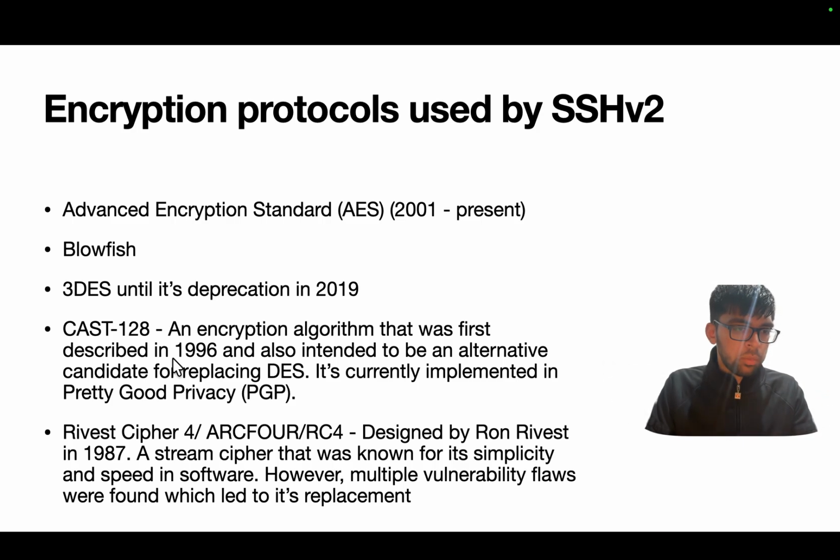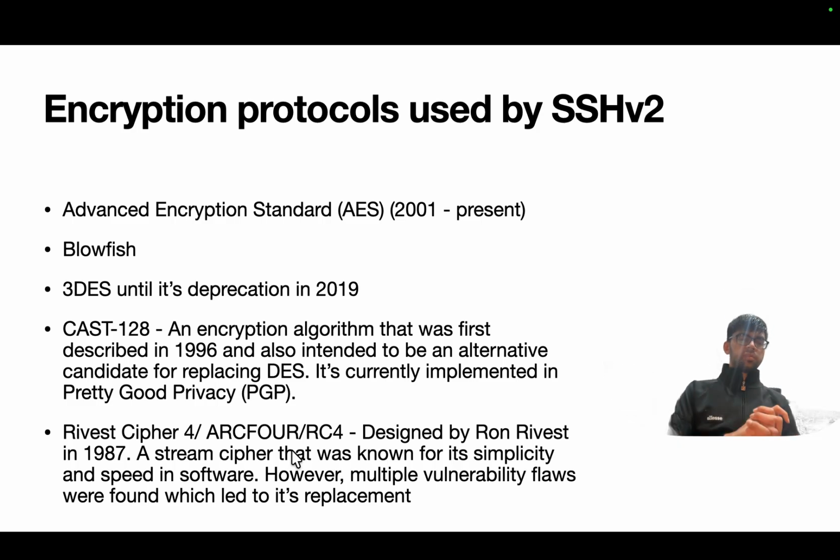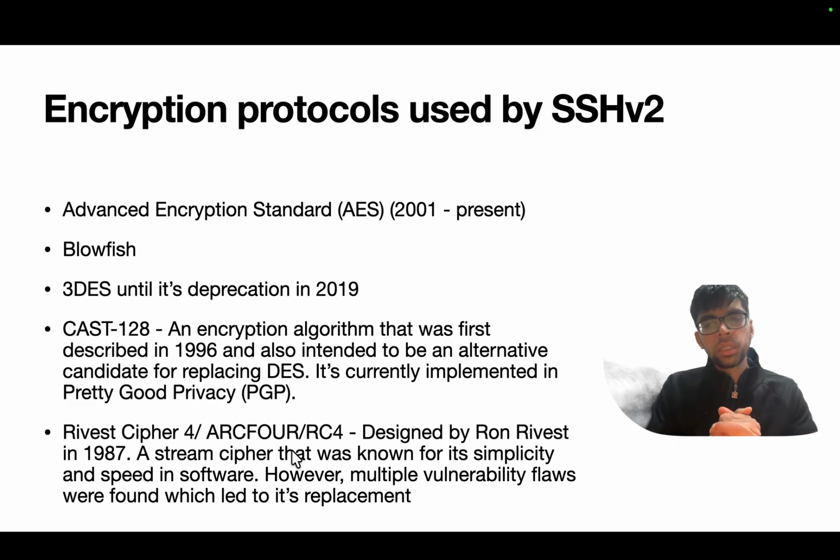Finally, Rivest Cipher 4, also known as RC4 or ARC4, designed by Ron Rivest in 1987, is a stream cipher known for its simplicity and its speed in software. However, multiple vulnerability flaws have been found, and that's led to its replacement. But it was very fast and very simple, and that's why it was loved in software.